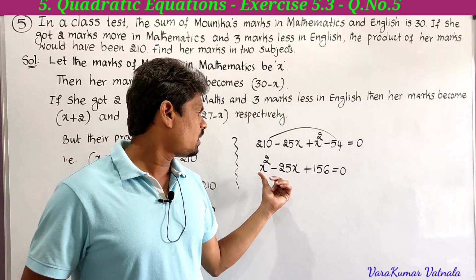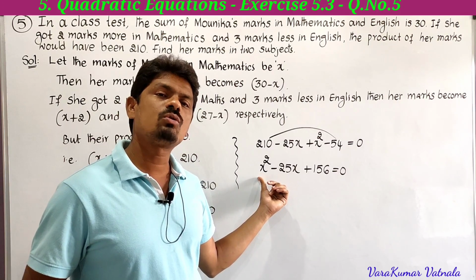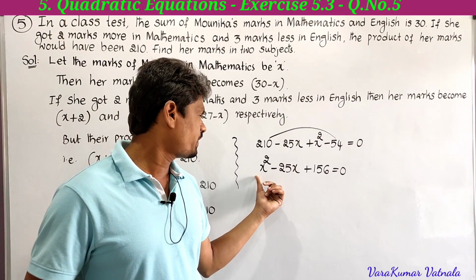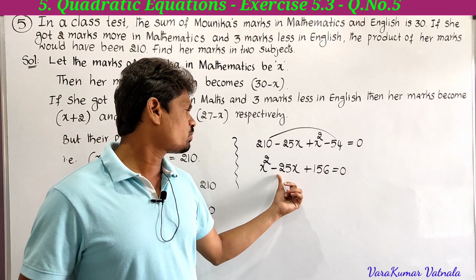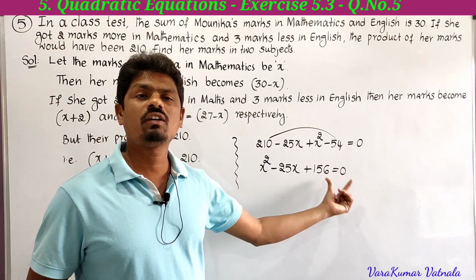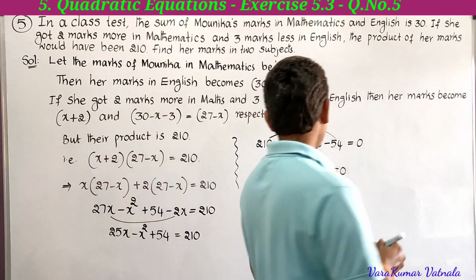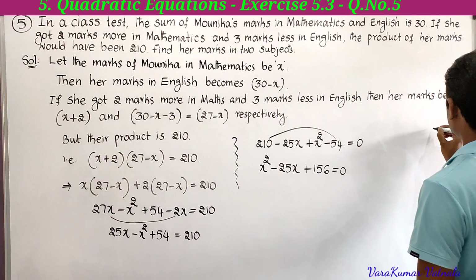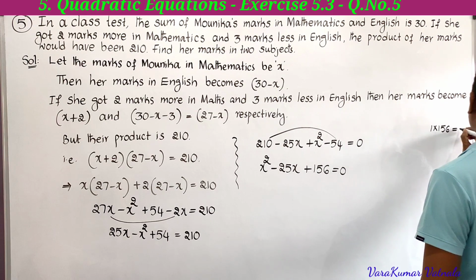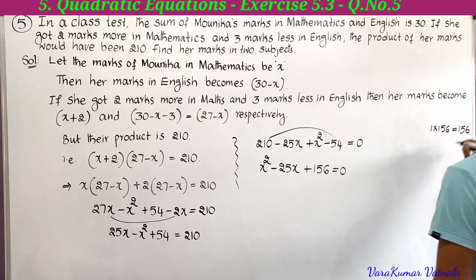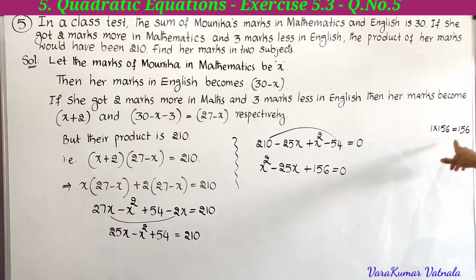Now by the factorization method you have to find the value of x. Here the x square coefficient is 1, the x coefficient is minus 25, and the constant is 156. So multiply the coefficient of x square with the constant: 1 into 156 is equal to 156. Now you have to select two factors of 156.